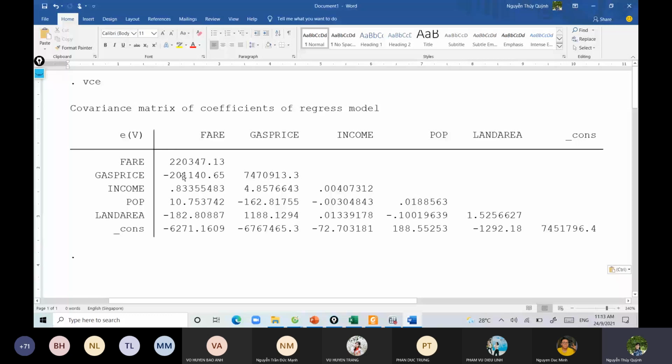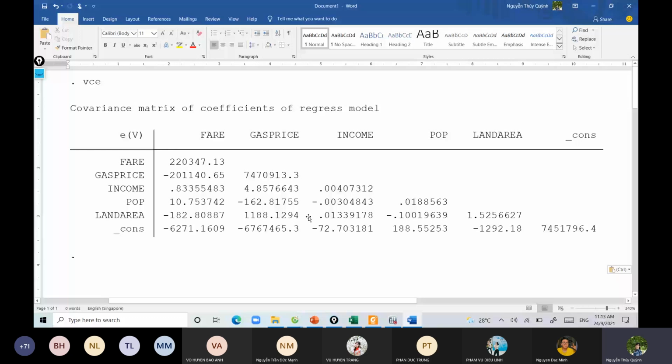And the same for this. We have income here and fair, which means that the covariance between the beta hat of fair and beta hat of income is 0.8335. So these are the covariance matrix.